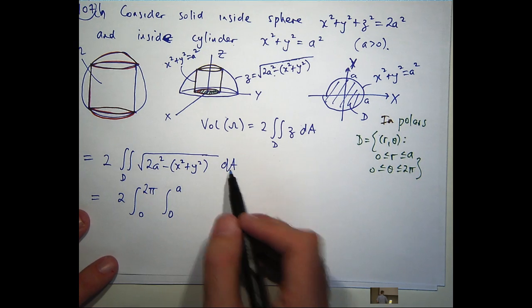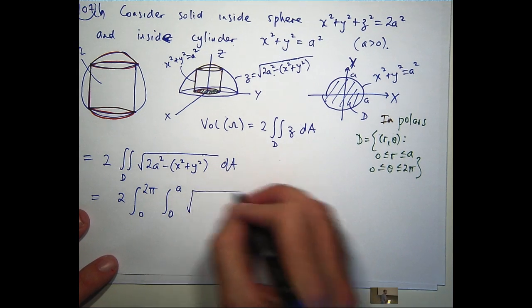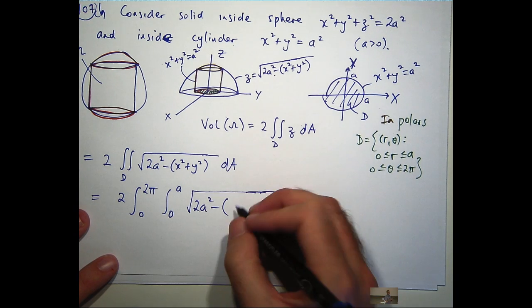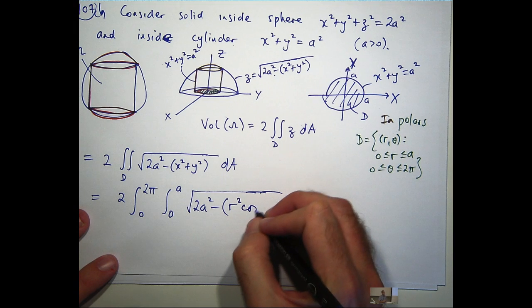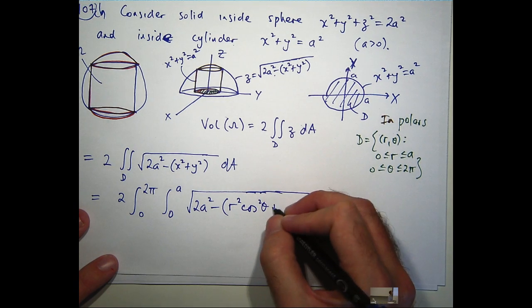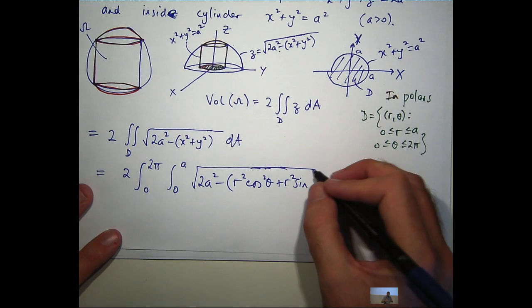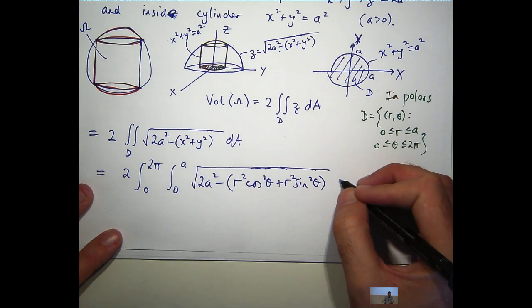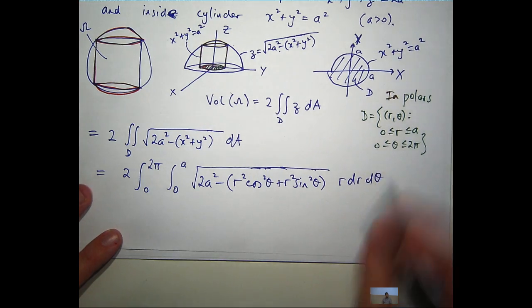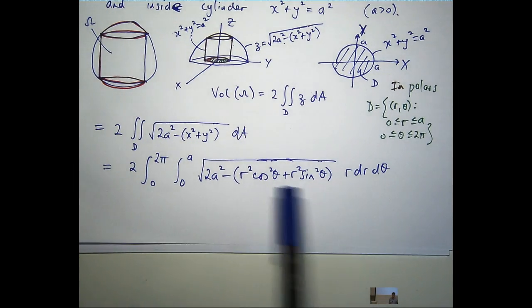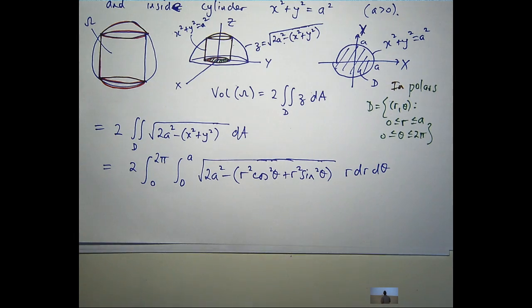And you replace dA with r dr d theta. Okay, so it's a bit of a mess now, but we can use cosine squared theta plus sine squared theta to simplify, right?